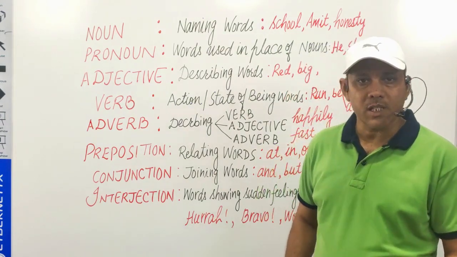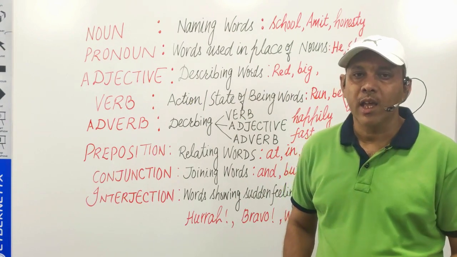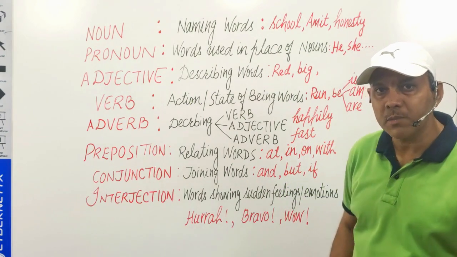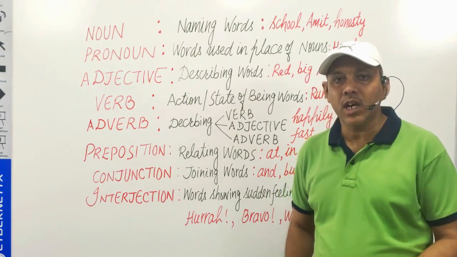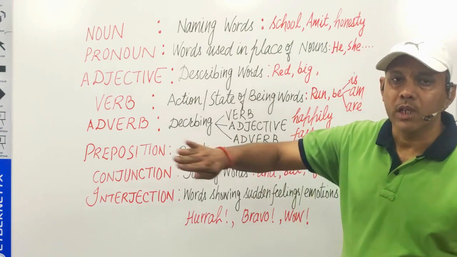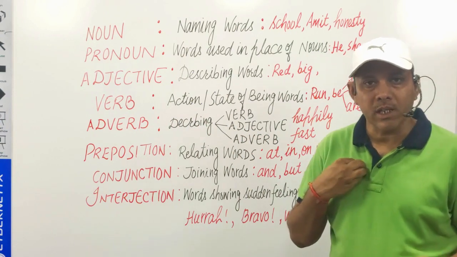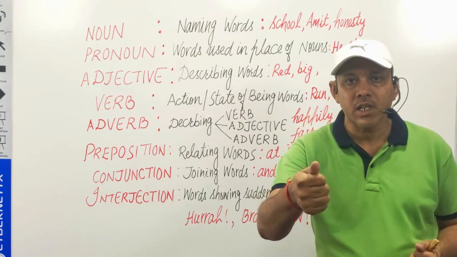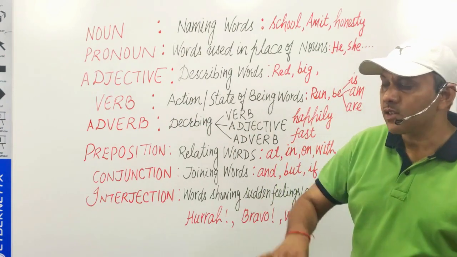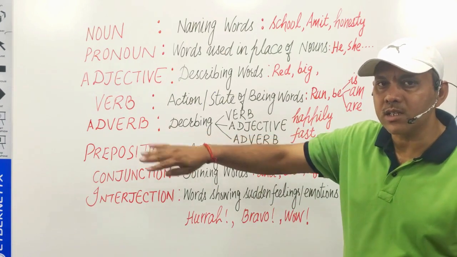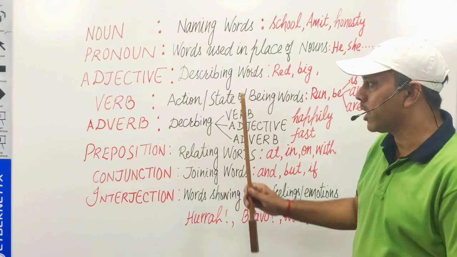First person pronouns, I and we. Second person pronoun, you. And third person pronouns, he, she, it and they. Speaker, first person pronoun. Listener, second person pronoun. And when we are talking about others, they are third person pronouns.